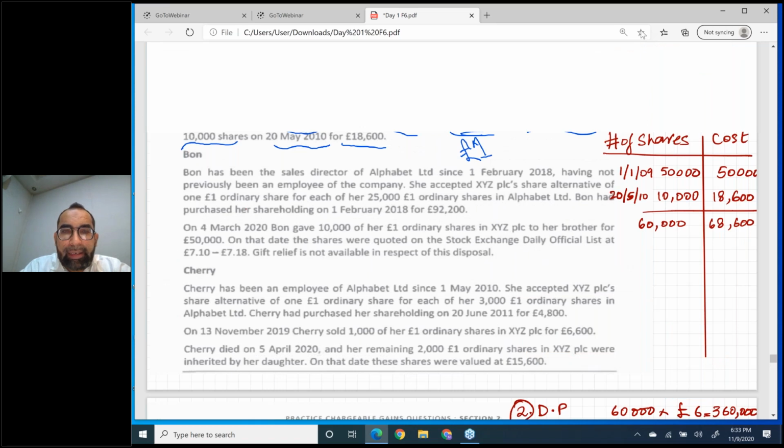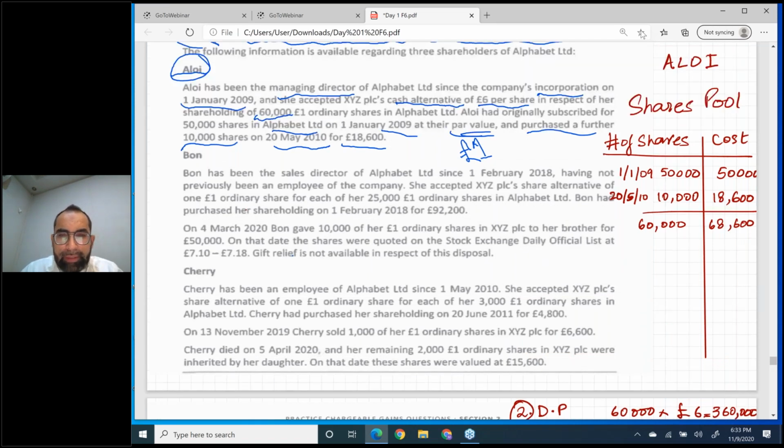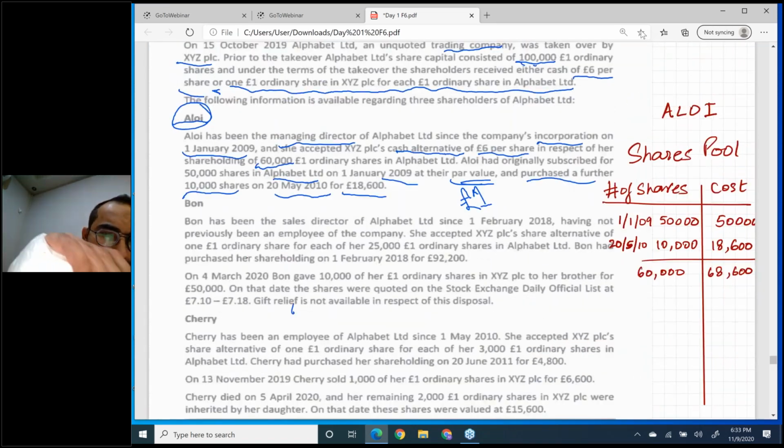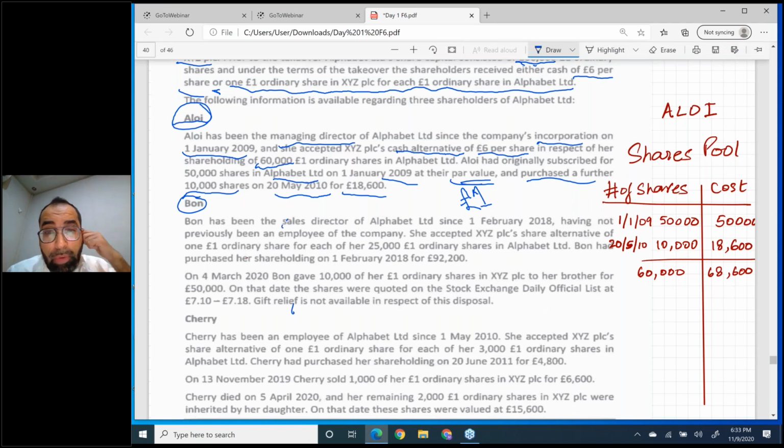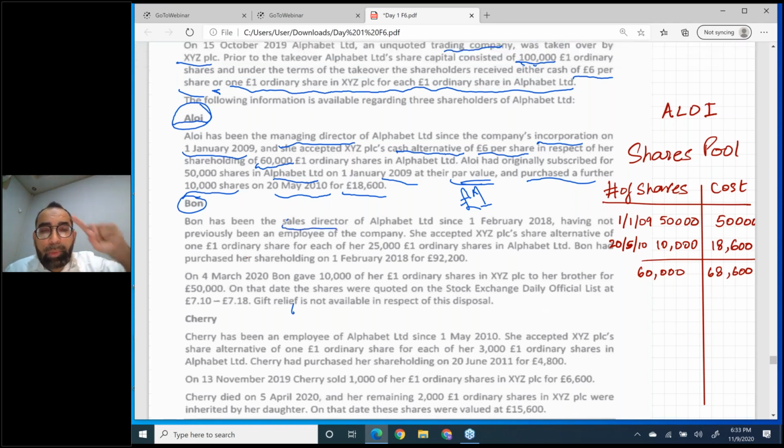Now the second lady is Bond. Bond has been the sales director. Oh, great. Bond is also doing a job, so the first condition is met. Alphabetic since 1st February 2018. No. See the disposal date.